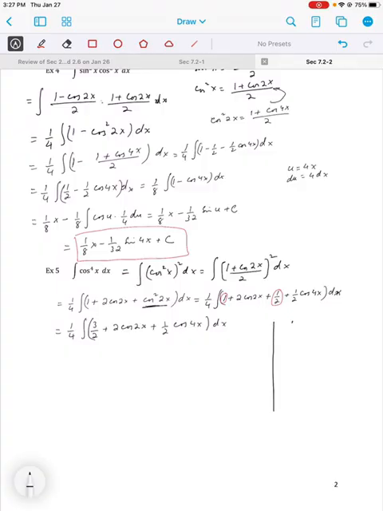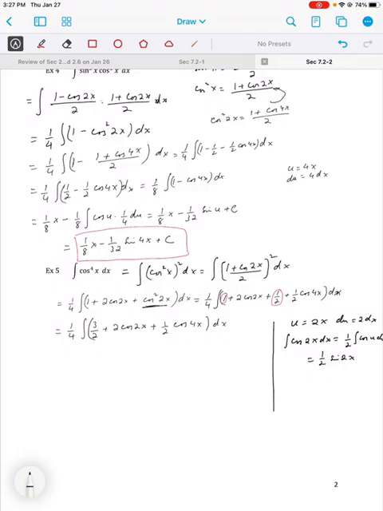When you take u to be 2x, your du is 2 dx, so that your integral of cosine 2x dx becomes 1/2 integral of cosine of u du, which gives you 1/2 sine of u or sine of 2x.